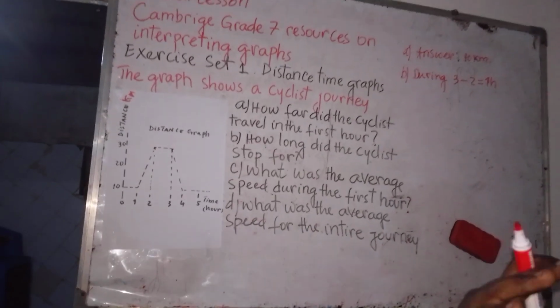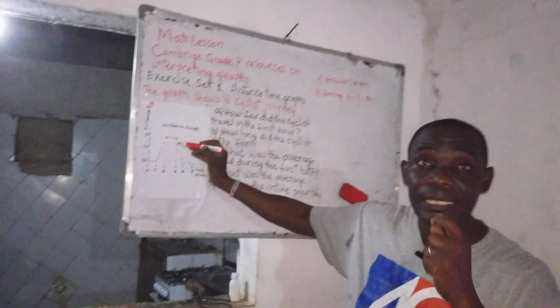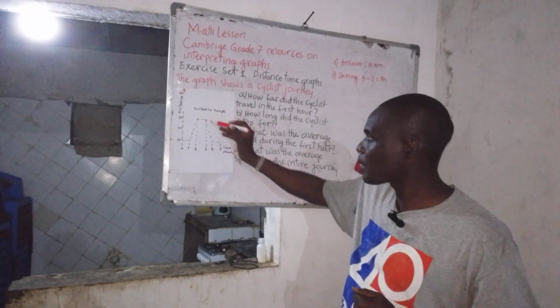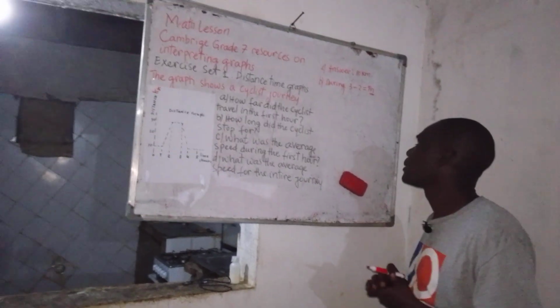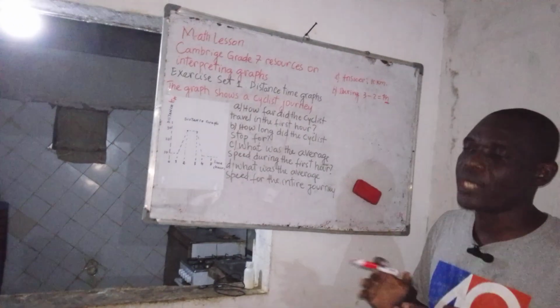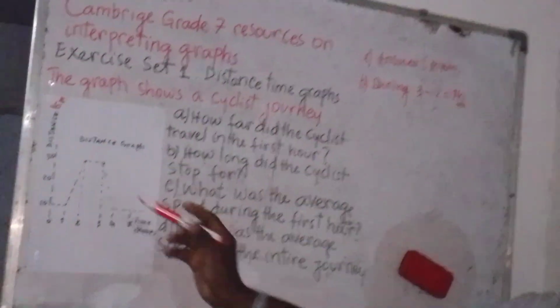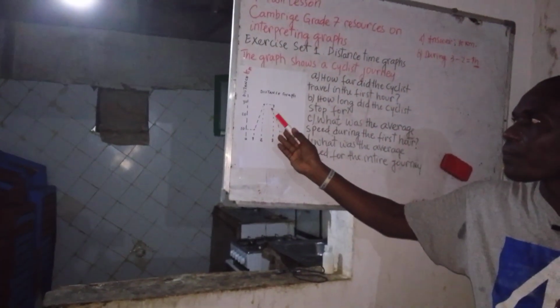So in 1 hour, the cyclist remained at this distance, 30 kilometers. So the answer is 1 hour. During 1 hour, the cyclist stopped at exactly 30 kilometers.